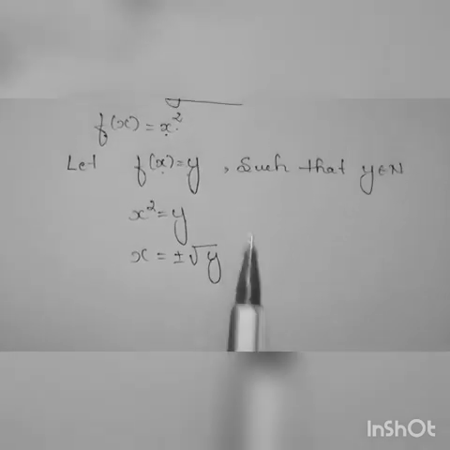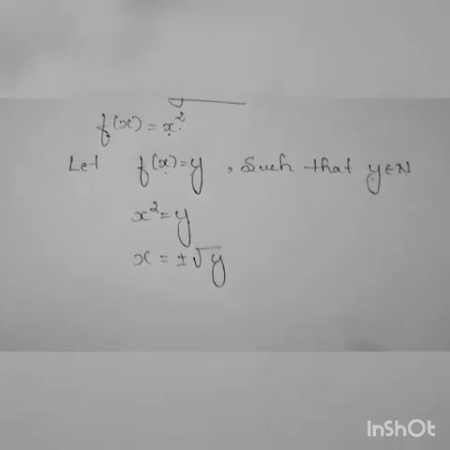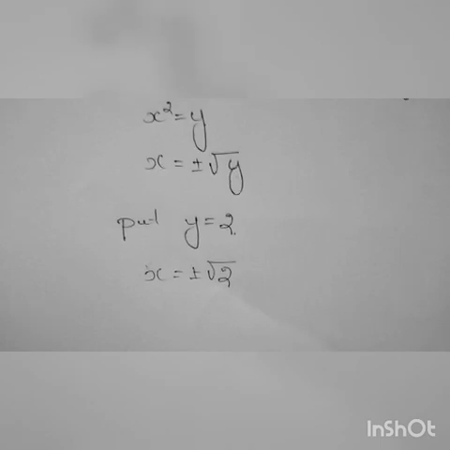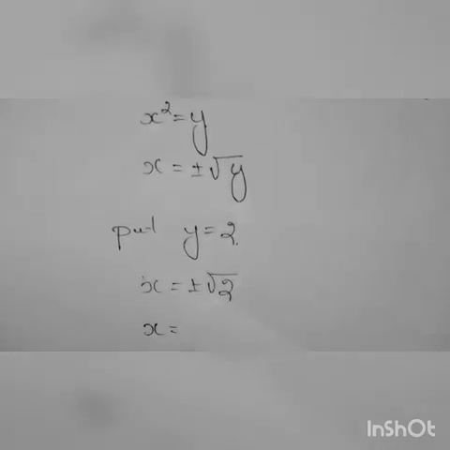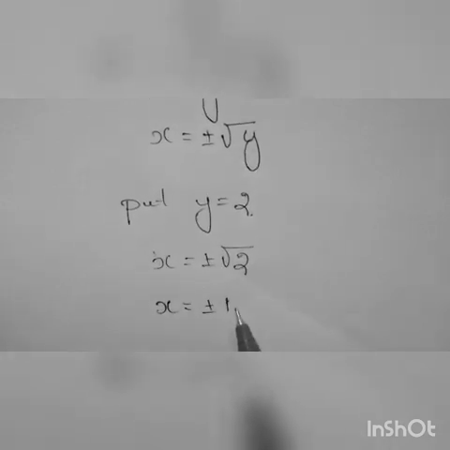So now if y belongs to the natural numbers, whatever x you get should be a natural number. Consider any natural number, or else you can put y is equal to 2. If y is equal to 2, then x is equal to plus or minus root 2, which is about 1.41.